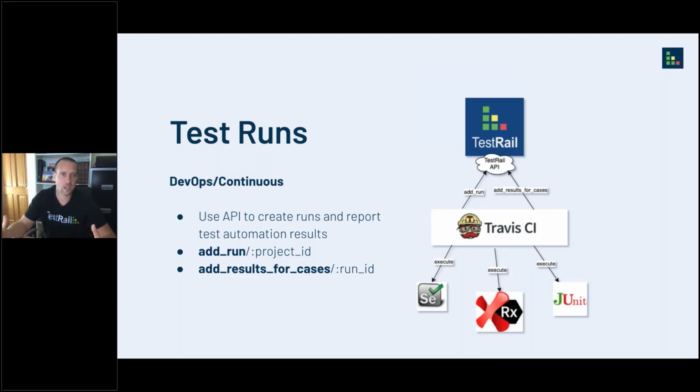The main distinction here is probably how those runs are actually going to be created, because if you're on the sort of continuous delivery end of the software development spectrum, then ideally you should be automating a lot of your testing.